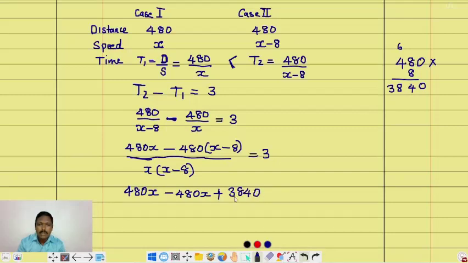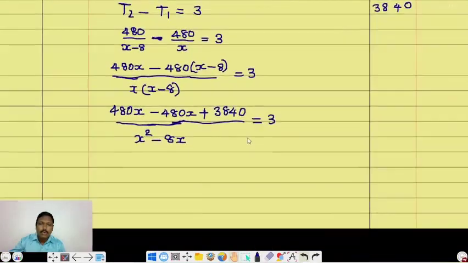So we can write here 3840, all divided by x squared minus 8x. X square minus 8x is equal to 3.